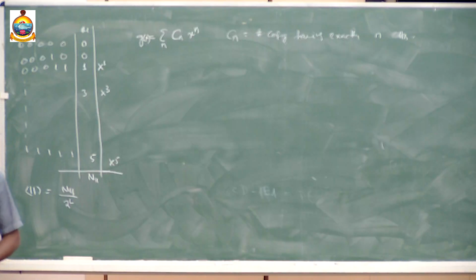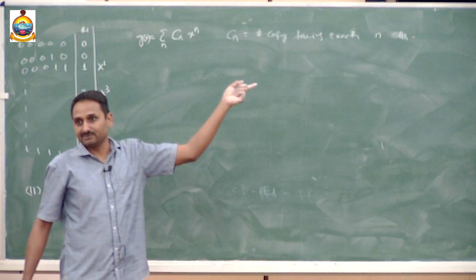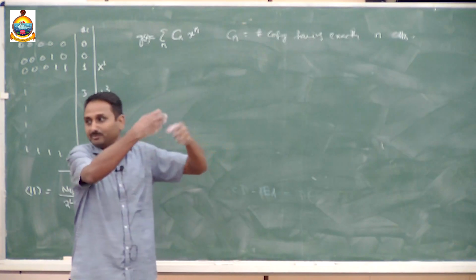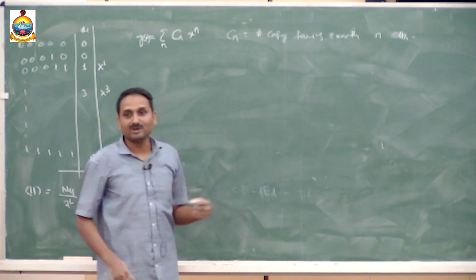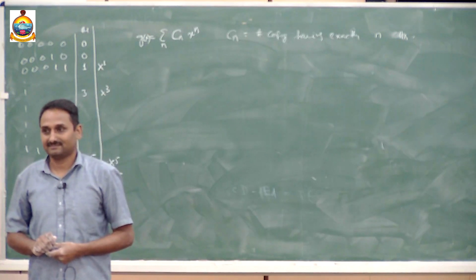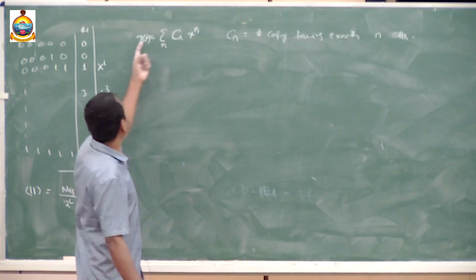If I ask you how many configurations there are, just this question, it is very difficult to calculate. If somebody asks you how many configurations have exactly 5 consecutive ones, that is difficult to calculate, and we do this generating function.